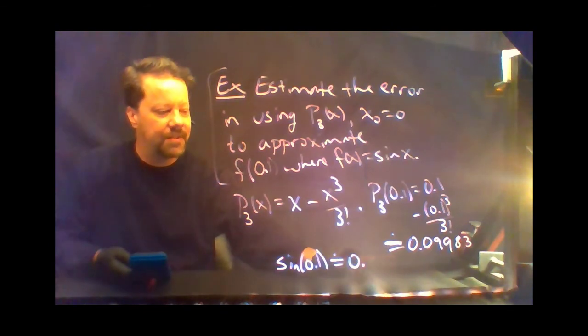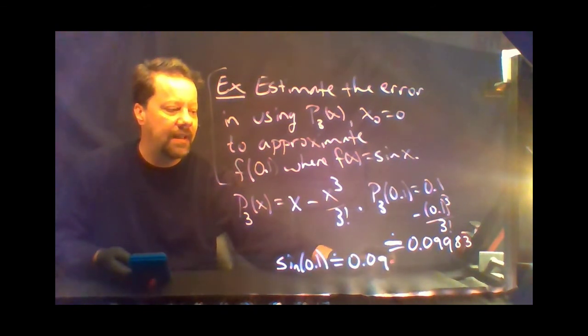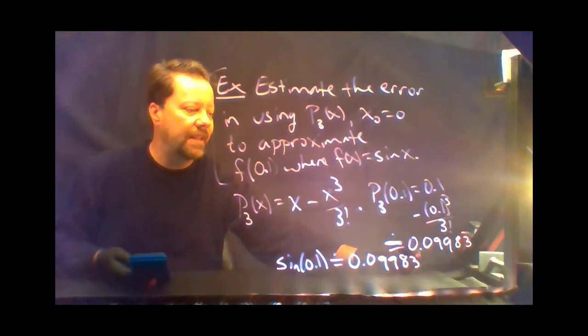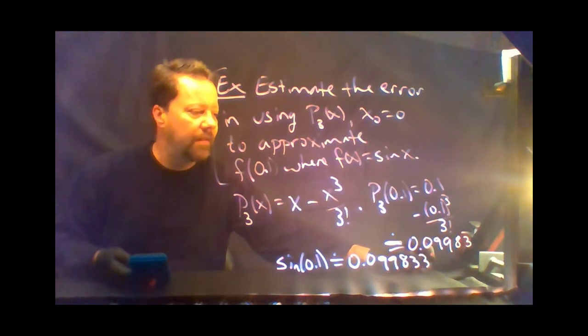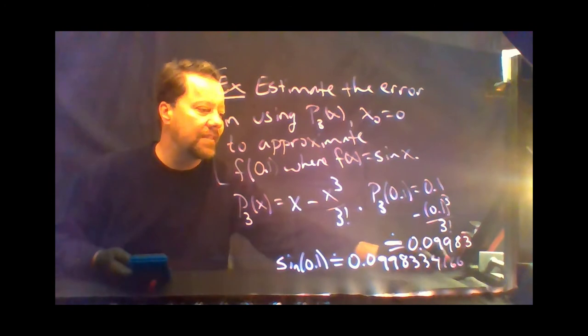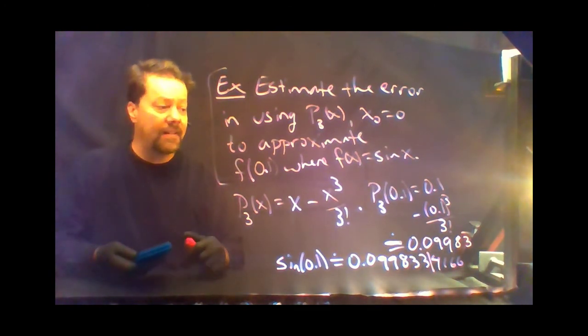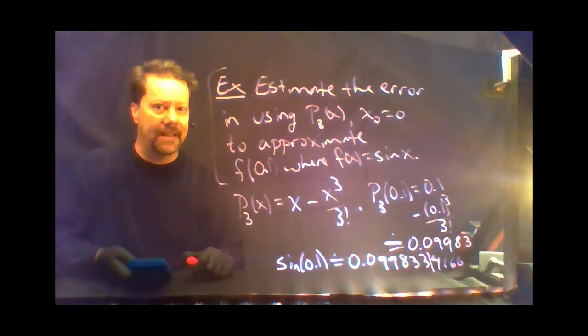My calculator tells me it's 0.099833416, so we're good to here. That's pretty good accuracy when you think about it.